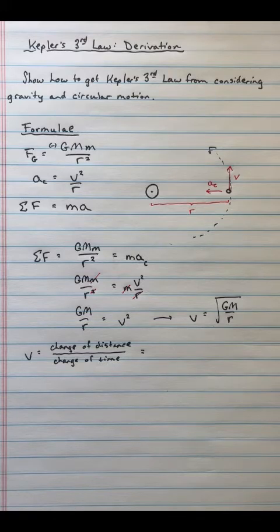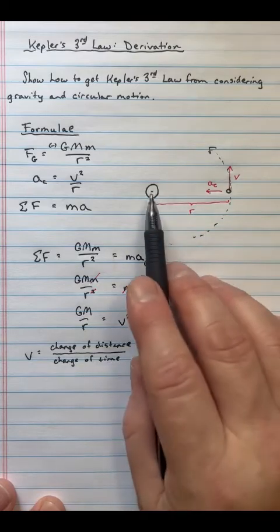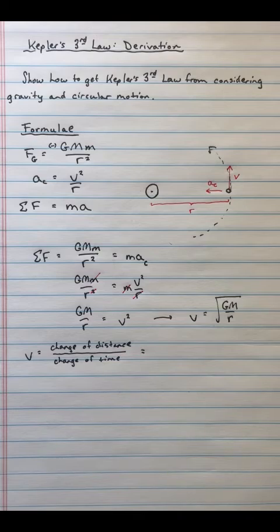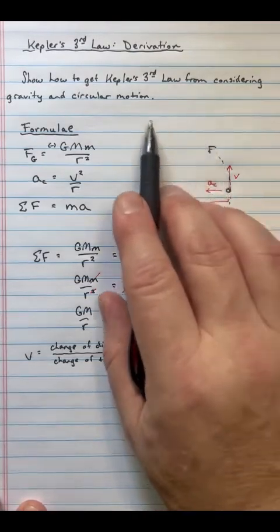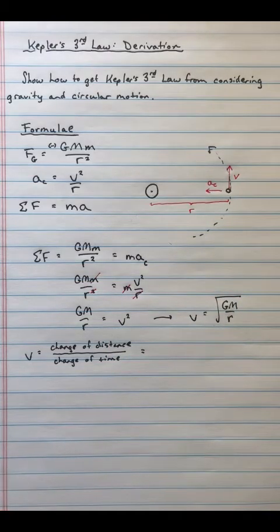All right, so what kind of change of distance will we have? Well, a common mistake or thought that you could have at first is to say it's the distance r. But that's not what the planet's doing, right? The planet isn't going from here to the sun. The planet is making a circle around the sun, isn't it? And we all know this distance. This is something you get very early on in life.